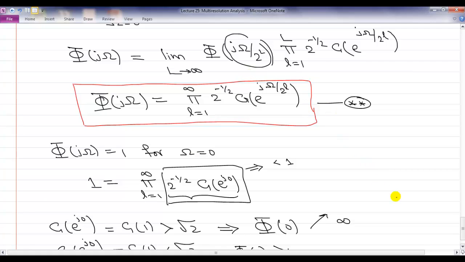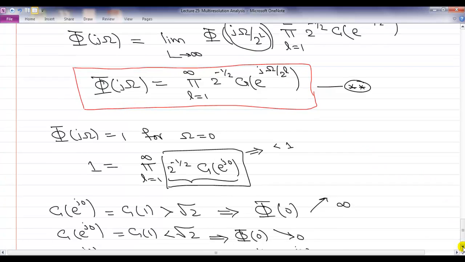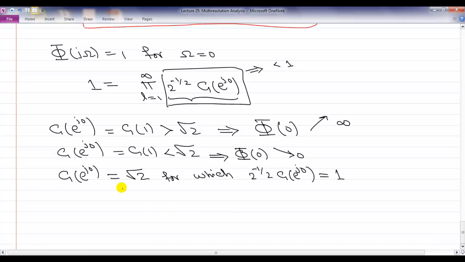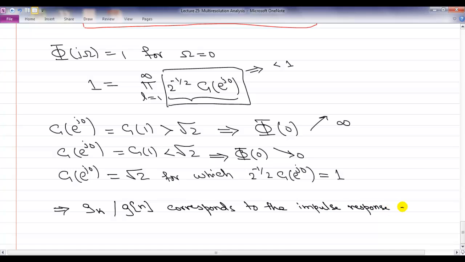So g of n itself, g of k or g of n, corresponds to the impulse response of a low-pass filter.